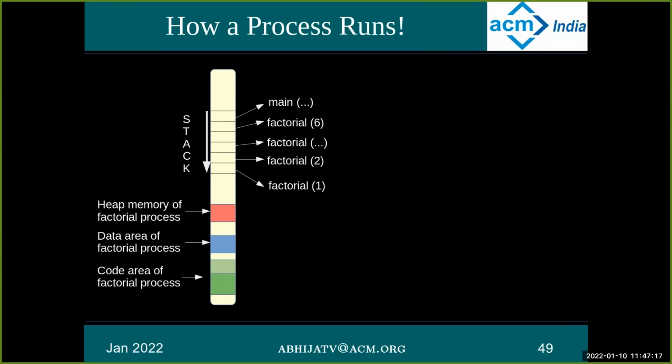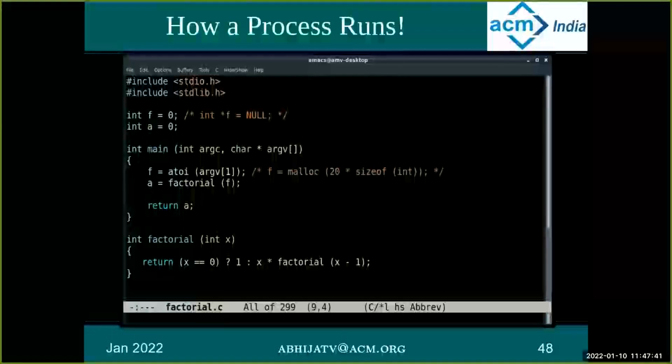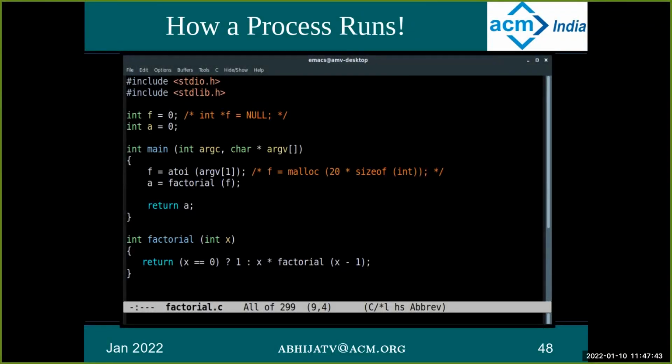And otherwise, we are assuming that memory is growing along the upward direction from bottom to the top. I've also shown segments: the code segment of the factorial process, the data segment of the factorial process, and the heap section of the factorial process. To illustrate the heap, that is why I had those pieces of code in the comment, in particular the malloc side. So when we consider the operation of a heap, we'll come to this.